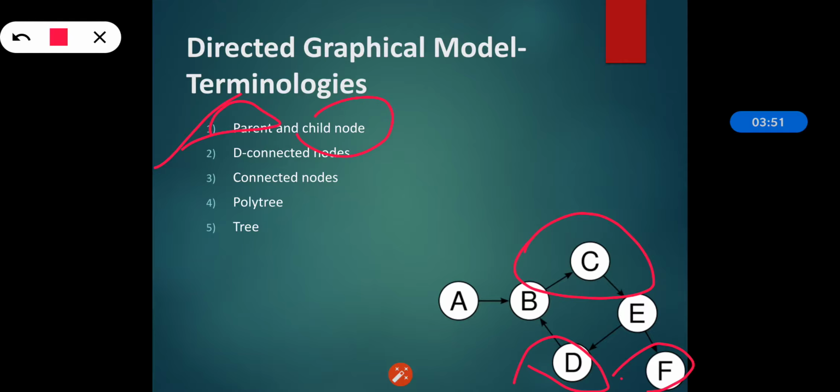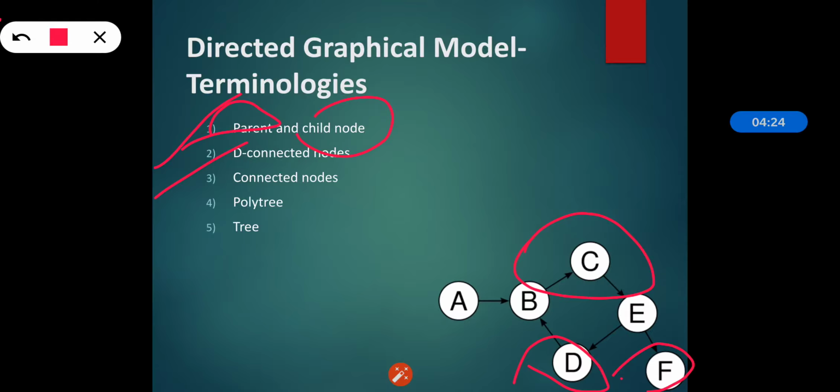These parent and child nodes are interconnected because parent nodes are responsible for producing the leaf nodes or child nodes, and child nodes are the nodes which do not have any other connection for producing a node. They are at the bottom level, where they are not connecting to any other level.